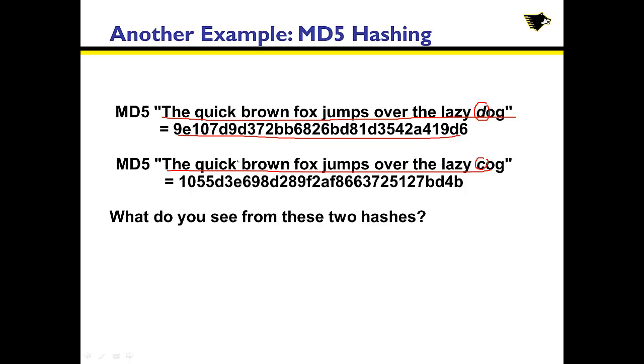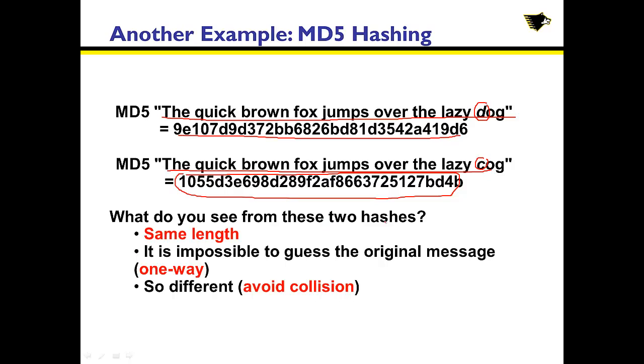However, we use this message as the input of the hash function, then we create the hash value as follows. If we compare these two hash values, you will find they are totally different, but the original messages have just a small difference. This is D, this is C.